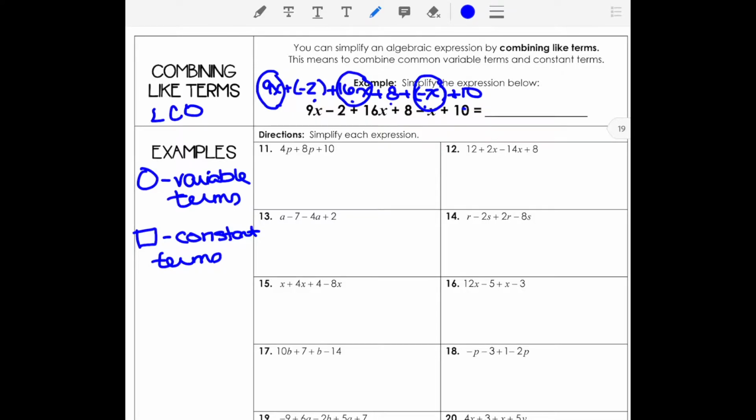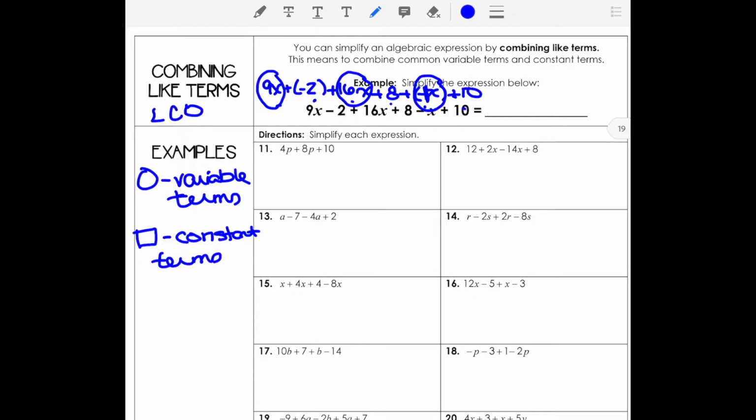I have to remember that there's a negative 1 in front of that x. It's not just negative x. Okay? So combining like terms means I add them. I add 9 plus 16 plus negative 1. This is where it's perfectly fine to use your calculator. So we need to type in 9 plus 16 plus negative 1.